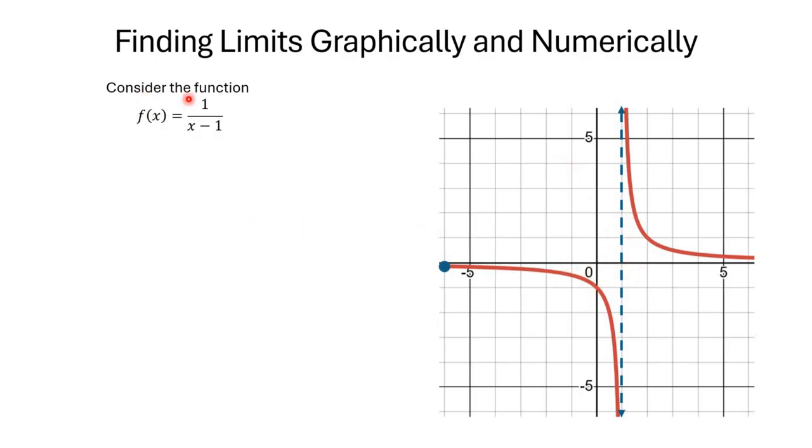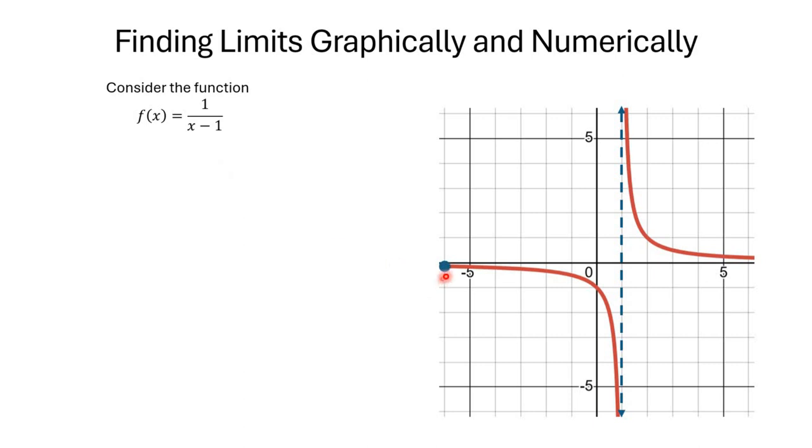So let's consider the function f of x equals 1 divided by x minus 1. As you can see, this function is not defined when x is equal to +1, because if you plug in +1, you get 1 minus 1 in the denominator, and you can't divide by 0. 1 minus 1 is 0. So let's see what happens as we approach 1 from the left side.